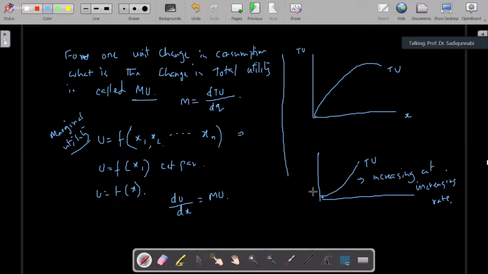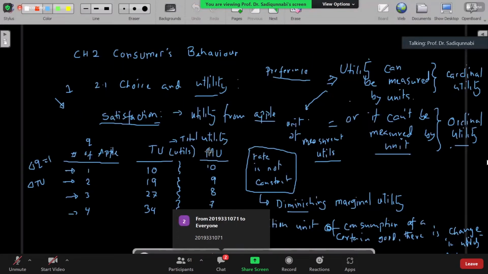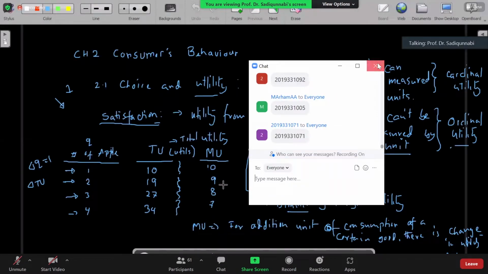So rational behavior is not increasing at an increasing rate or a straight line. It is increasing at a decreasing rate. Why? Because we have seen previously that marginal utility is decreasing. So the rate is decreasing, but total utility is increasing.